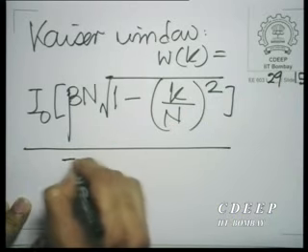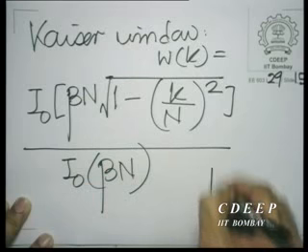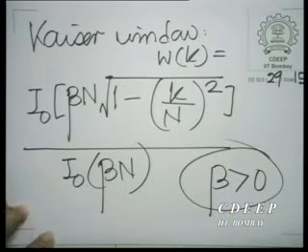So beta goes from 0 to infinity. And of course we have written the expression for I0 before. It's the modified Bessel function of the first kind and order 0 in x.